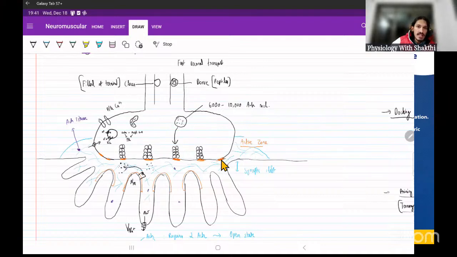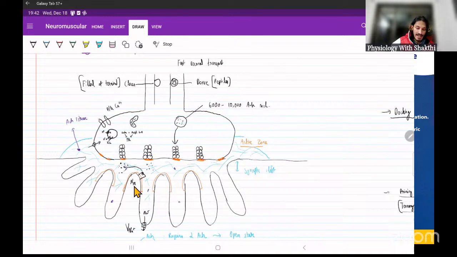They go to certain areas called the active zones and arrange themselves as doublets, and from here they go into the neuromuscular junction. Thus neurotransmitters will go to the postjunctional fold.